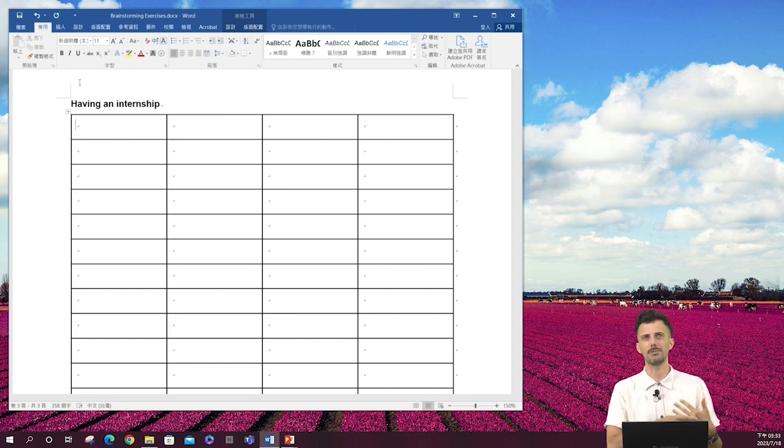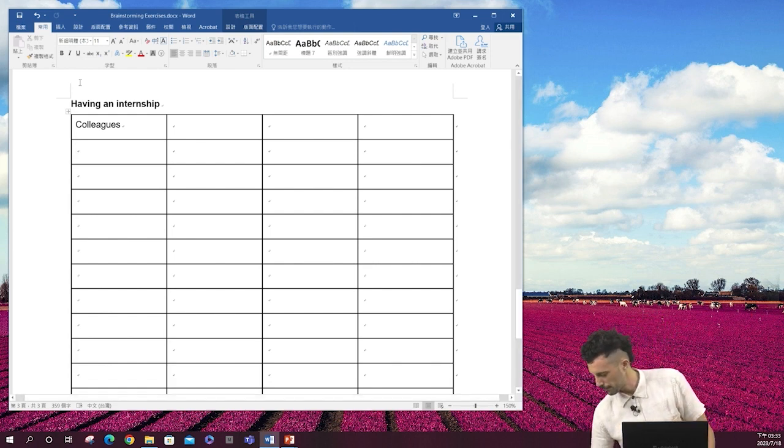So for an internship, let's think of some visual things. You'll have maybe colleagues, or what other words could be connected to having an internship?